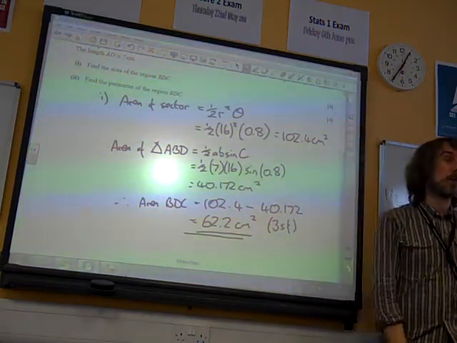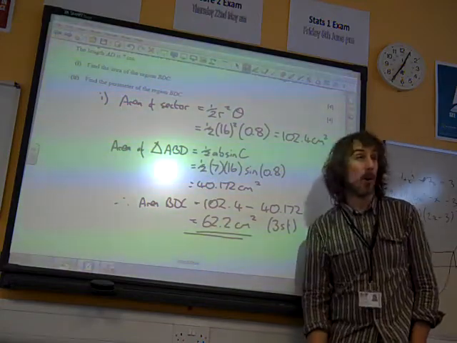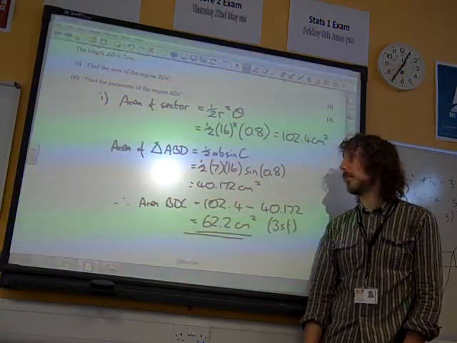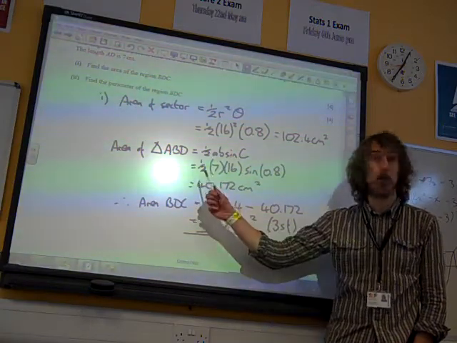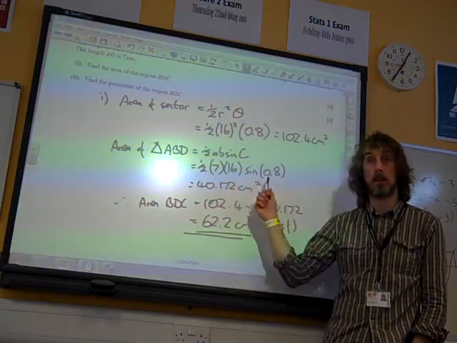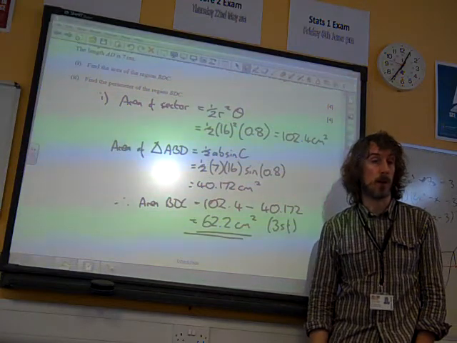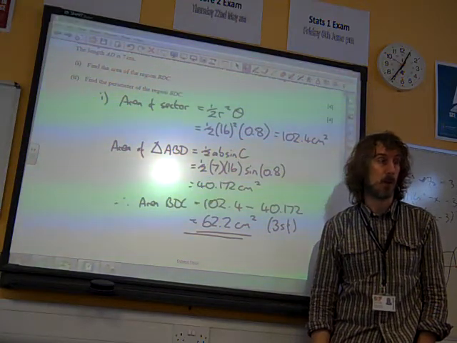And there we go. Where did we go wrong? Well, mostly we went wrong by either forgetting to multiply by the half or forgetting to make sure our calculator is in radians to deal with the 0.8 and get a wrong value out of that.